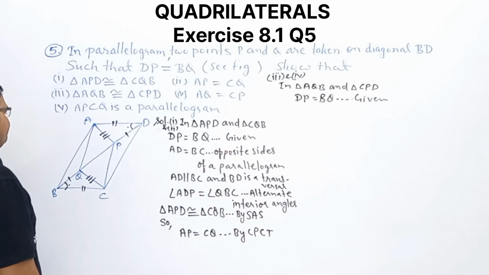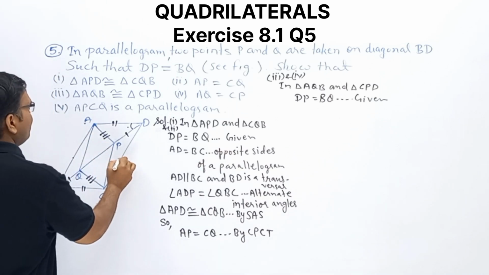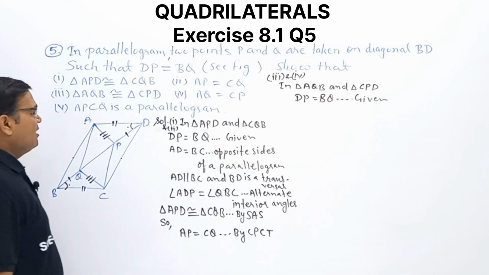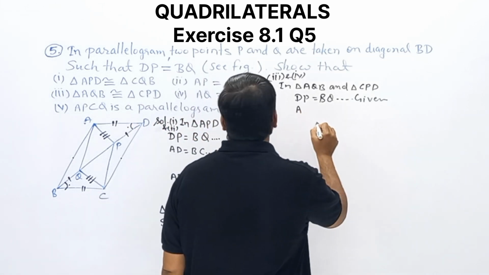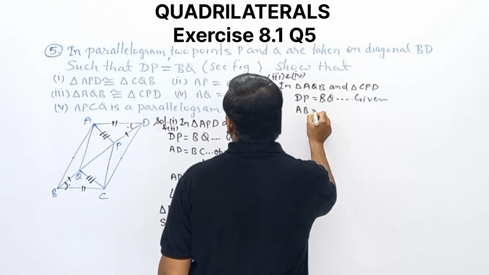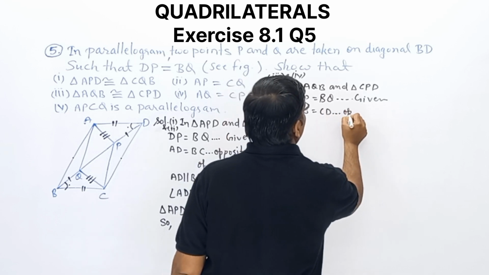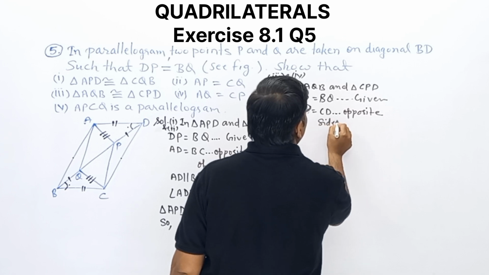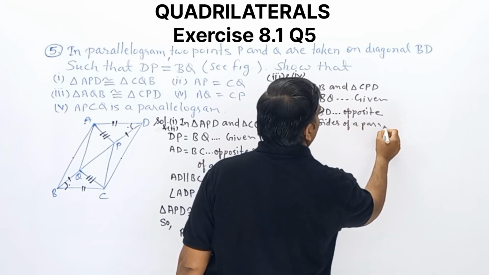Now next one, this side, this one equal to this one. Why? Opposite sides of a parallelogram are equal. So AB equal to CD, opposite sides of a parallelogram.